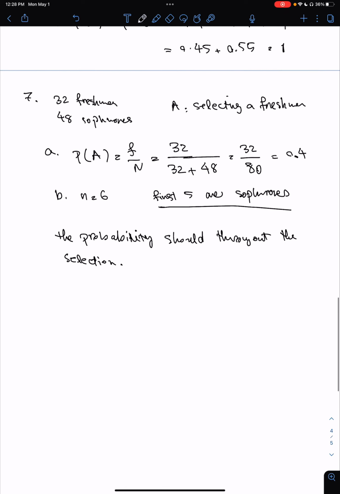And therefore, for the last one in the sample, the probability will still be the same as selecting a freshman as we looked at in part A. So the probability will still be 0.4.